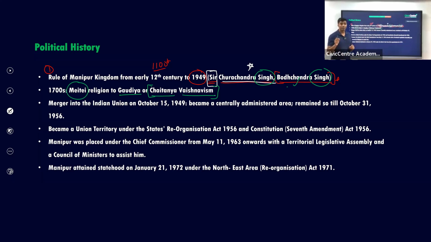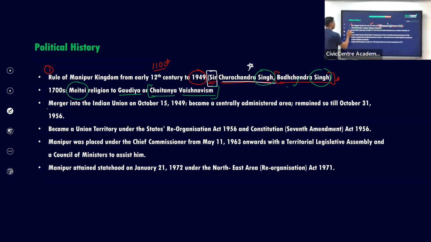Chaitanya Mahaprabhu, the one who spread Vaishnavism in Bengal and the Northeast. So from Meitei, they became Vaishnavites. That is how the majority of Meitei people are presently Hindus. All Meiteis are not Hindus. There are Muslim Meiteis. There are Meiteis who follow their own religion. There are Hindu Meiteis. Clear now?